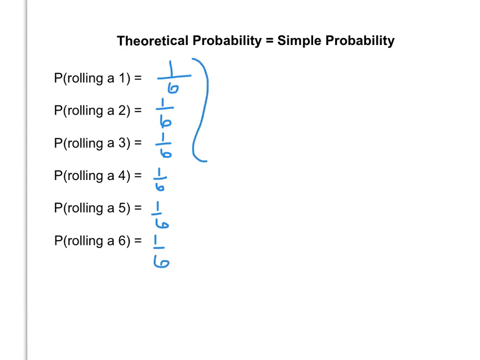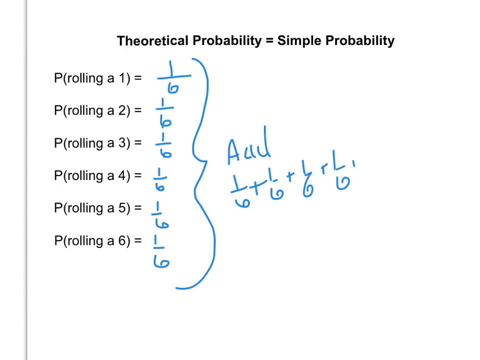And when you add these all together, 1/6 plus 1/6 plus 1/6 plus 1/6 plus 1/6 plus 1/6, is going to be 6/6, which is equal to 100%, or 1.